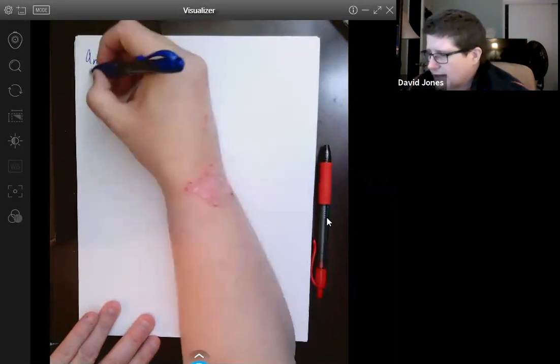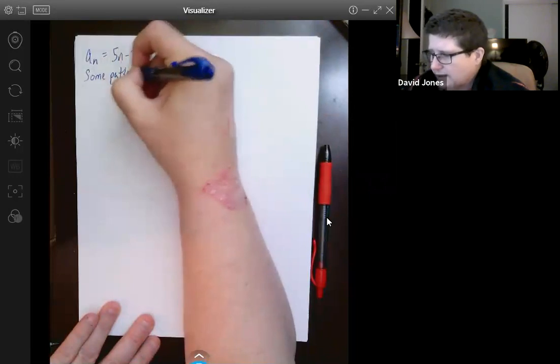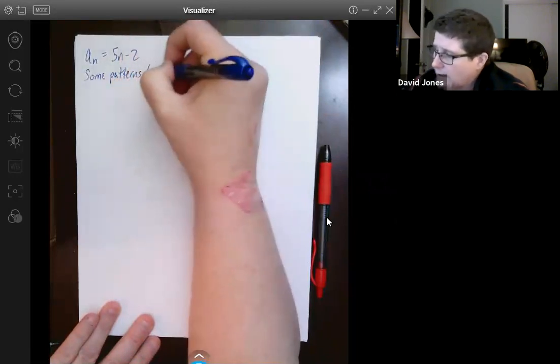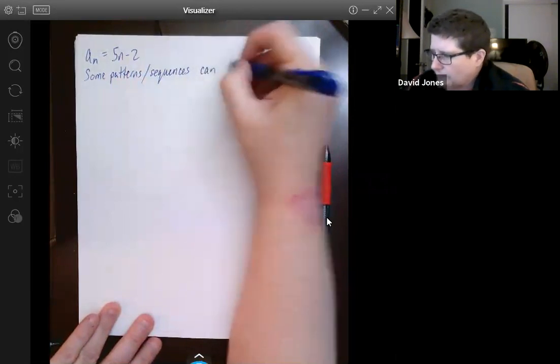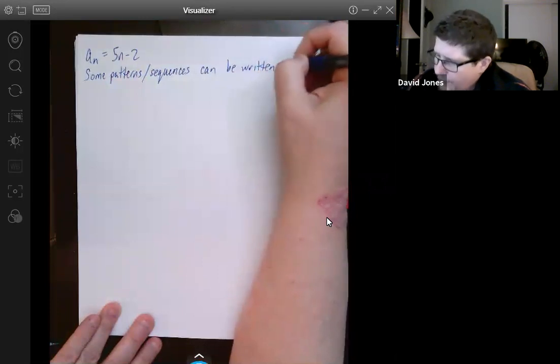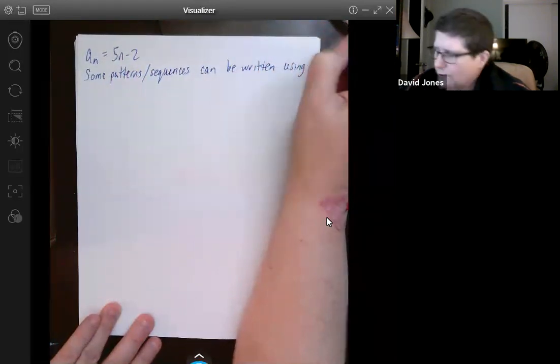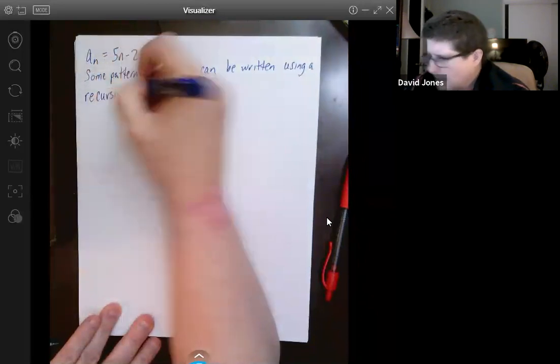And some patterns or sequences can be written using a recursive definition.